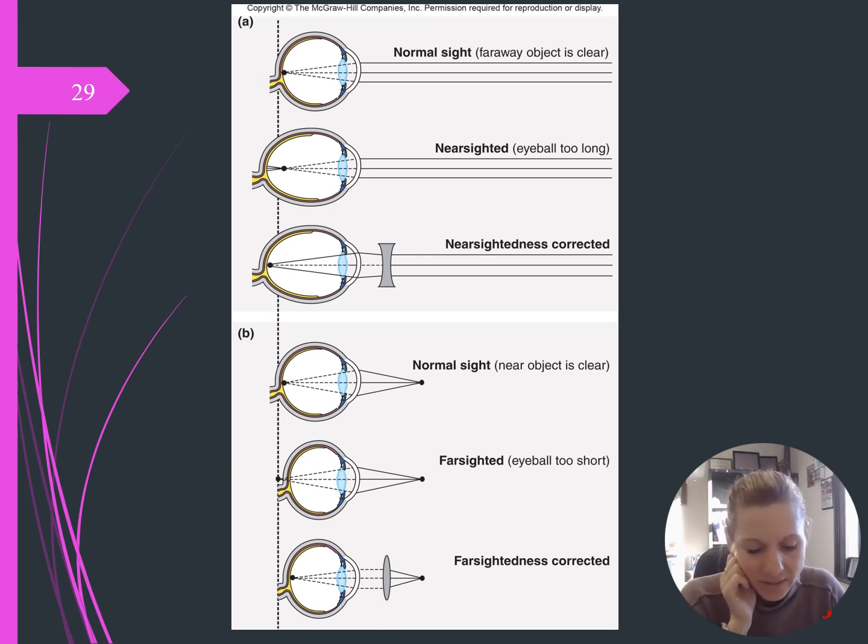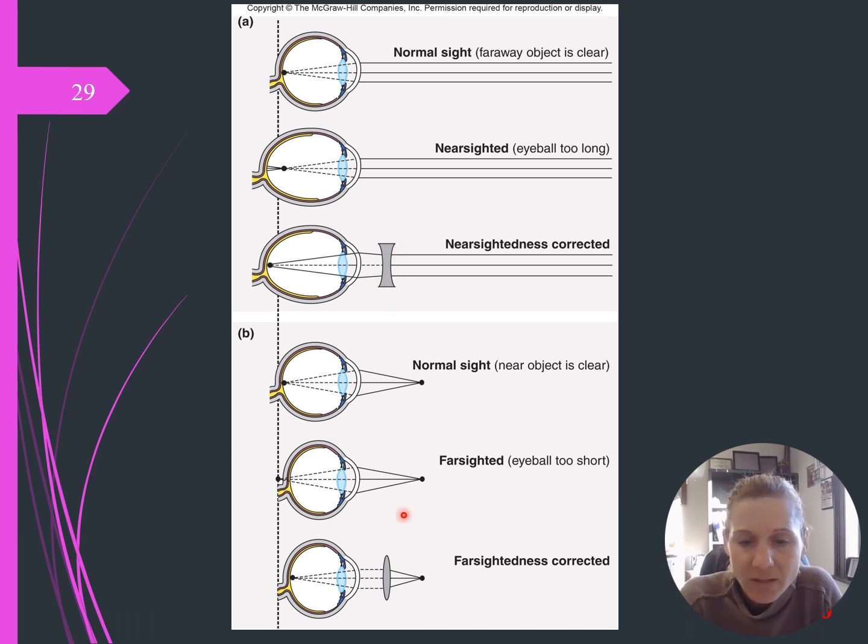Okay, so here you can kind of see how this plays out as it relates to nearsightedness and farsightedness. So again, with normal vision, we're able to get those images in focus regardless of whether they're close to us or far away. Okay, if I'm nearsighted, something that's far away will be out of focus without the manipulation of the lens through glasses or contacts.